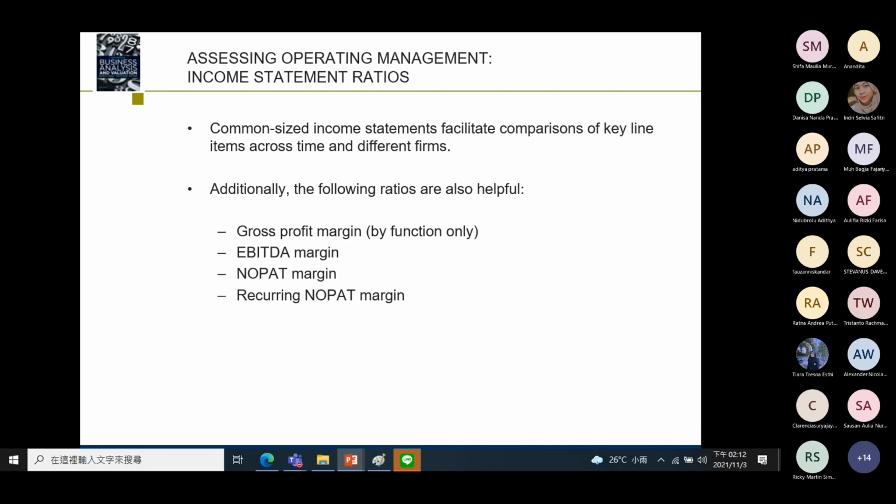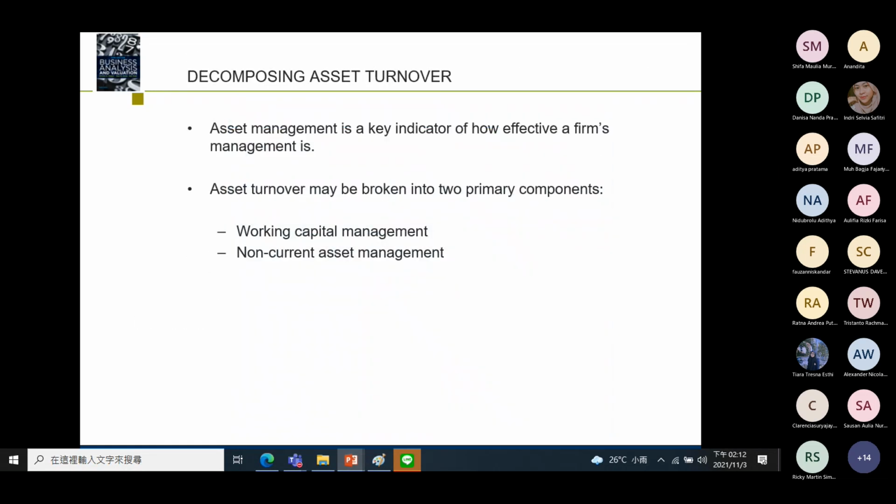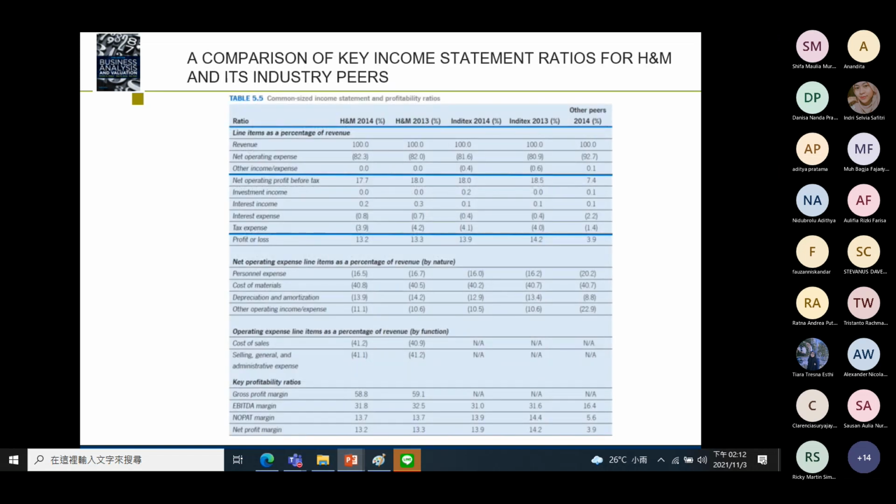To illustrate how income statement analysis can be used, common size income statements for H&M, Inditex, and the other industry peers are shown in Table 5.5. The table also shows some commonly used profitability ratios.